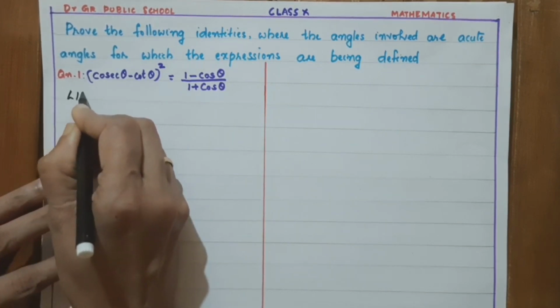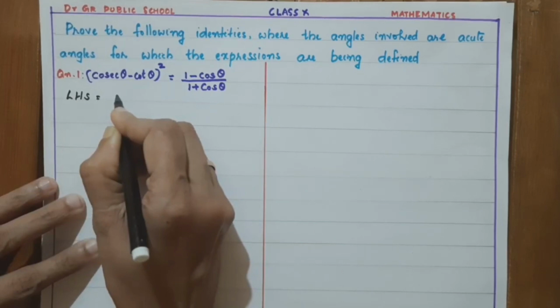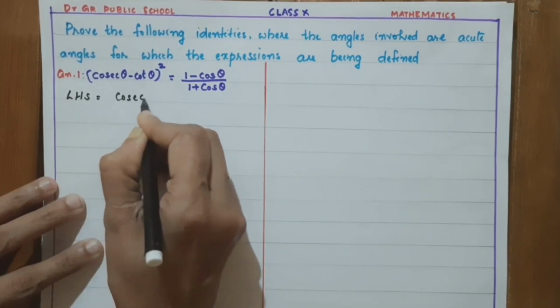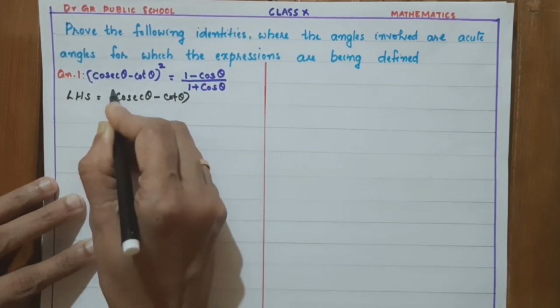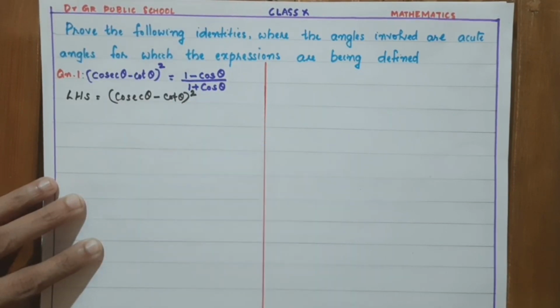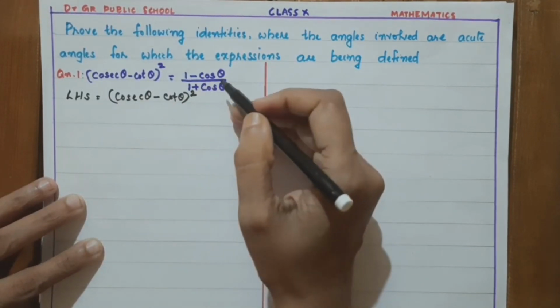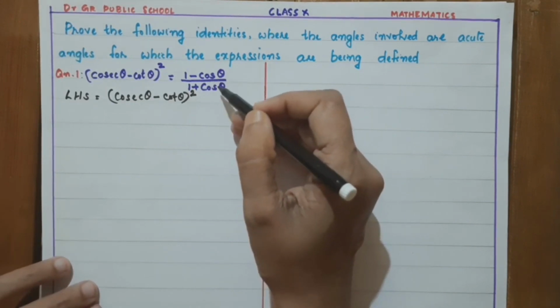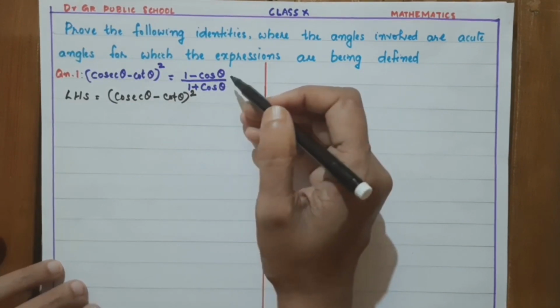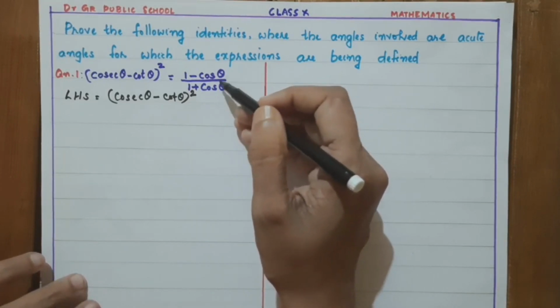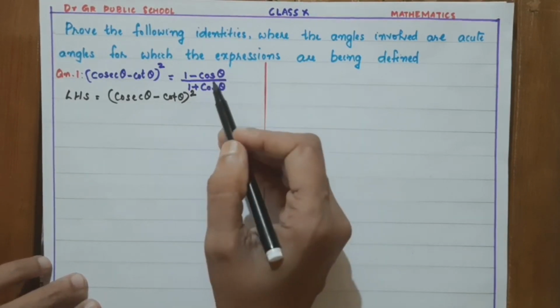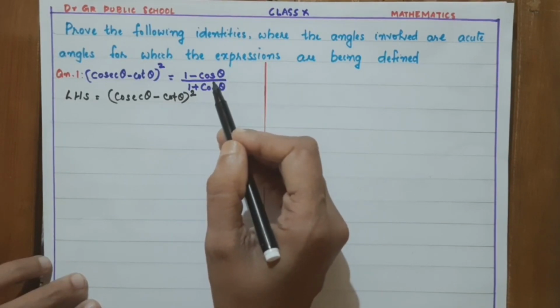LHS is equal to cosec theta minus cot theta the whole square, isn't it? Now you have to verify what is in RHS. To which trigonometric ratio we need the answer. We have the RHS here in cos theta.